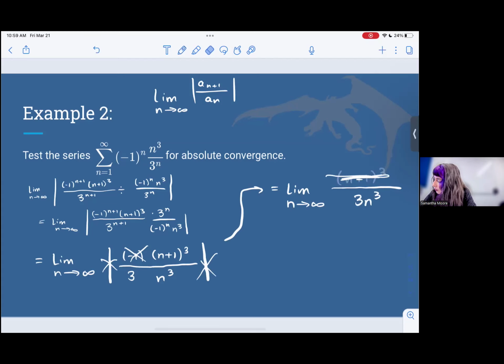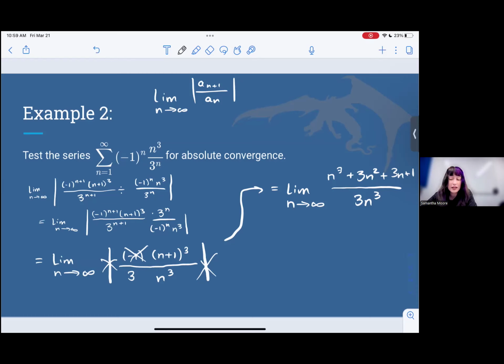In fact, let's go ahead and just FOIL that out, right? So looking at n cubed plus 3n squared plus 3n plus 1. Okay. Then we have 2 tools right now. If we want to do the careful calculus version, we're going to do L'Hopital's rule a few times because we have an infinity over infinity limit.